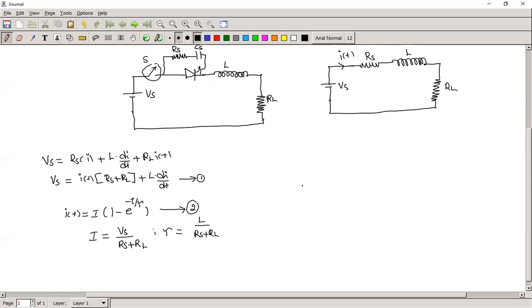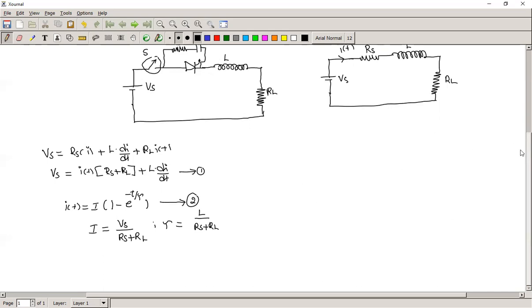Now take the differentiation of equation 2. Differentiating equation 2, di(t)/dt equals I into e to the power of minus t by tau into minus 1 by tau.